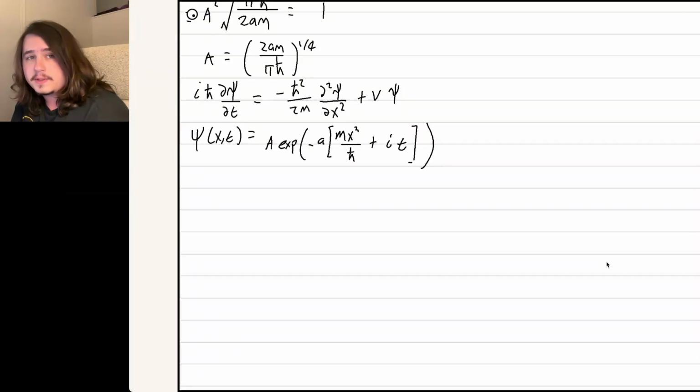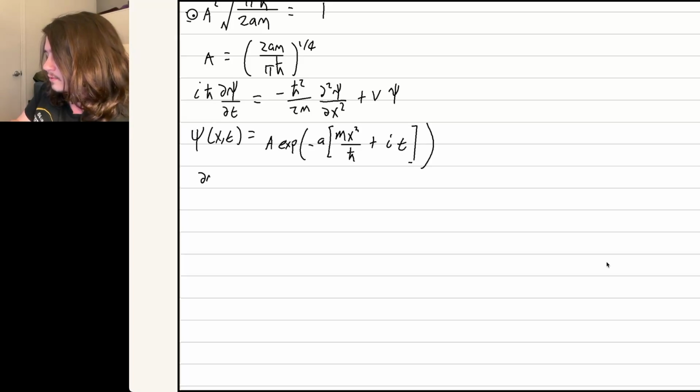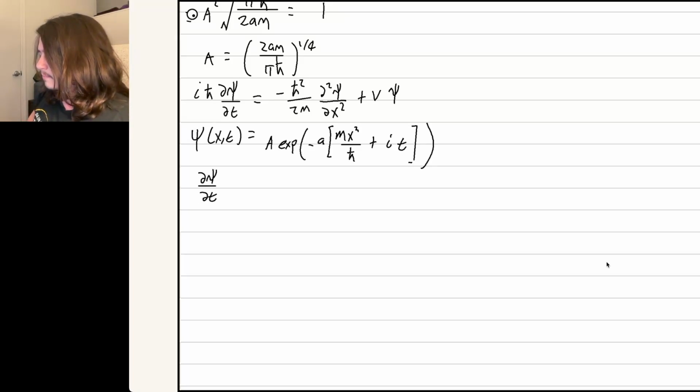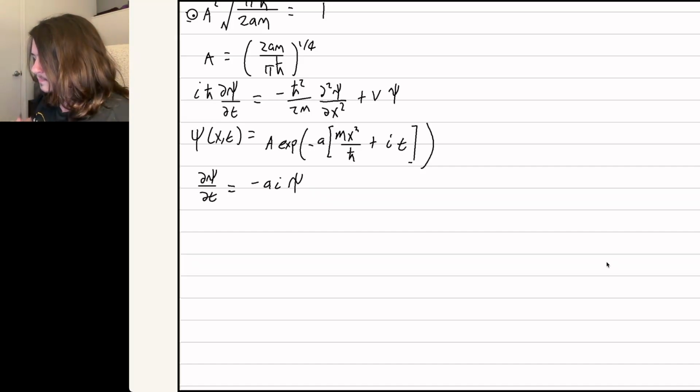The wave function is an exponent, so whenever you're doing partial derivatives, you'll end up with the wave function times the derivative of whatever was inside the exponent. If you're taking the derivative with respect to time, you have a minus ai on the t, so you're just going to have a minus ai times the wave function again.